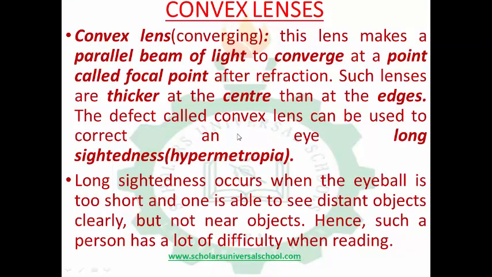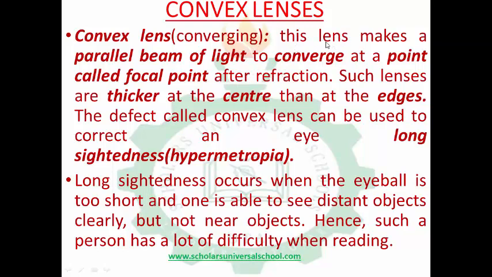Now we are going to talk about the convex lens. This lens makes a parallel beam of light converge at a point called the focal point after refraction. We know the convex lens is also called a converging lens, and in our last class we talked about a converging beam, where the parallel beam of light meets at a particular point, and that point is called the focal point.